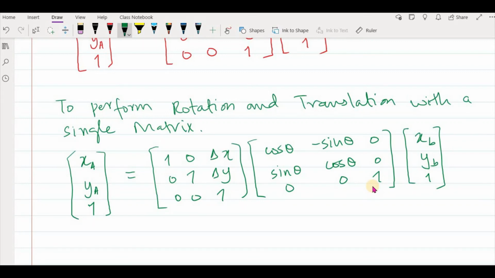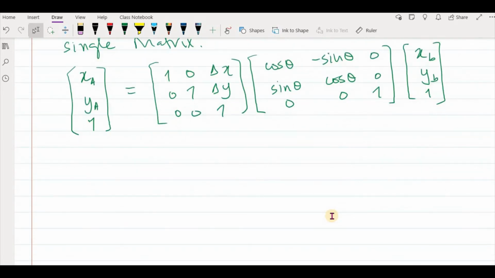In this case, what we are trying to do is get a single matrix that can be used for both of these operations.